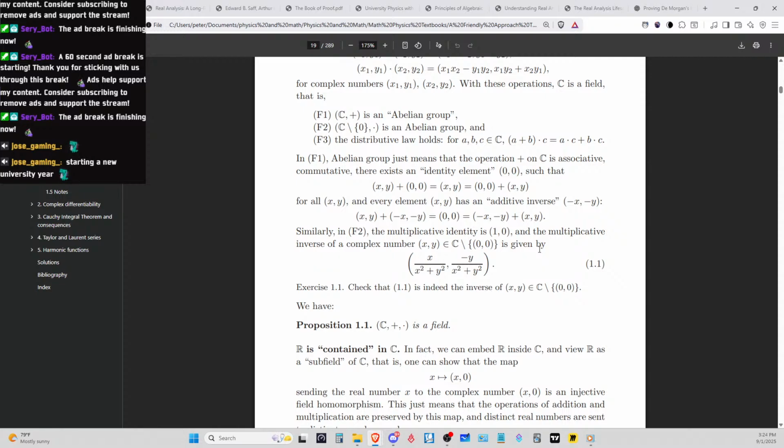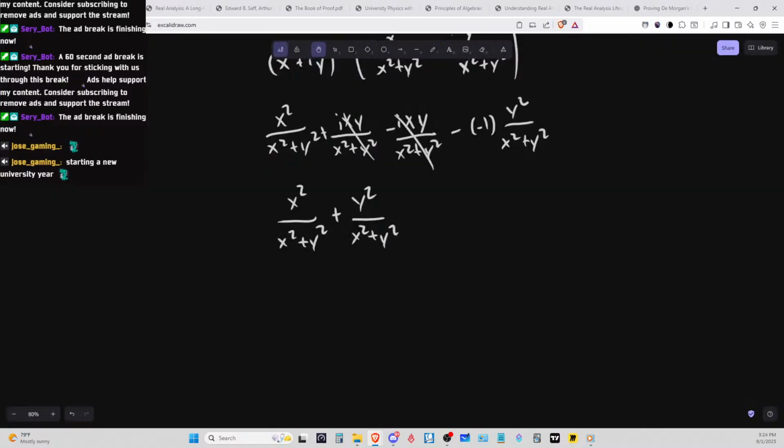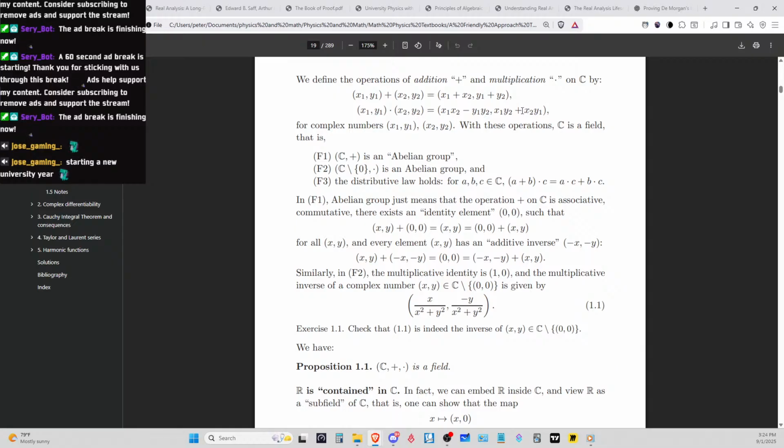Did I do this right? I probably did do this right. So the way they do multiplication, I think, is different. It's supposed to be x times x2 minus y times y2, and then the other way is the opposite. Right? Yeah, that's the way they did it.